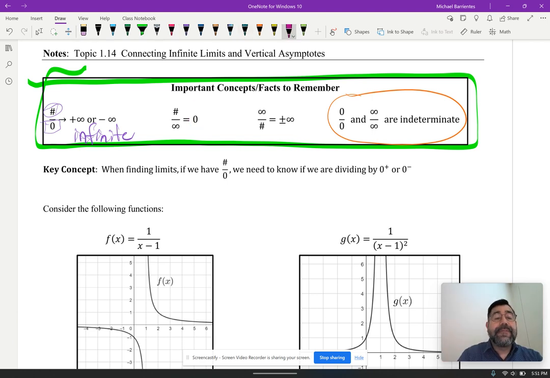And then, finally, whenever we have a rational setup, we take the limit of the top, it goes to infinity, and the limit of the bottom is a finite number, that means the function as a whole is going to go to positive or negative infinity, depending on the type of infinity that I get. So our goal is to focus on the first part in this series of videos, and we'll worry about the other ones in the next series of videos.